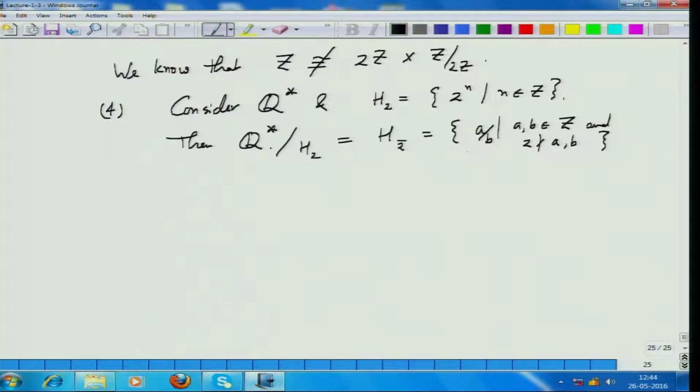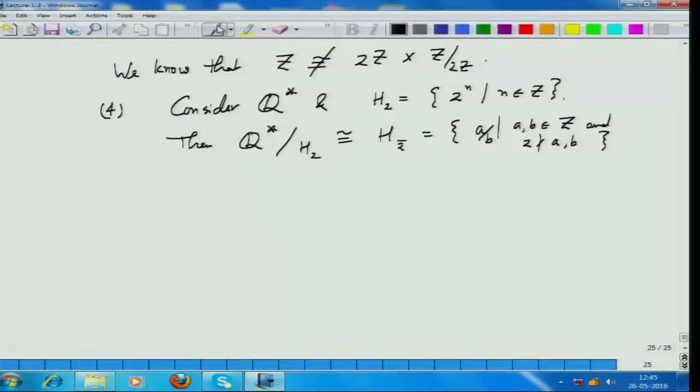And you see that the subgroup that you will get, the equivalence class, okay, I shouldn't write it as equal to, but it is isomorphic. Because I can't really write equal, as Q star slash H2 is a collection of equivalence classes, not really a collection of numbers. But just like in the integer case, we can establish an isomorphism between these two.